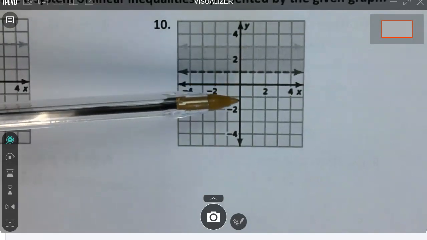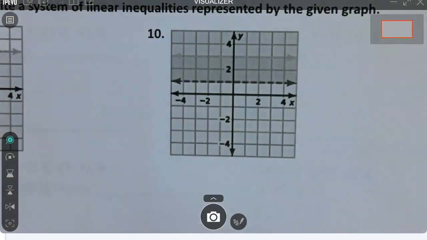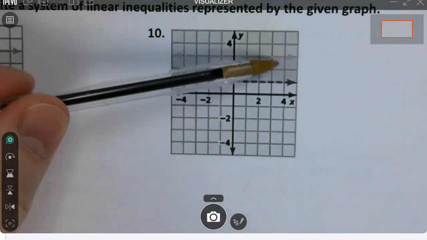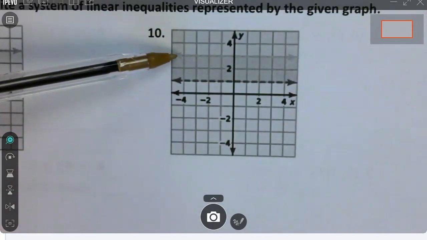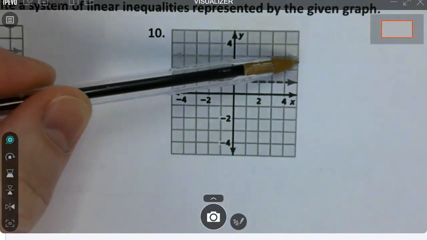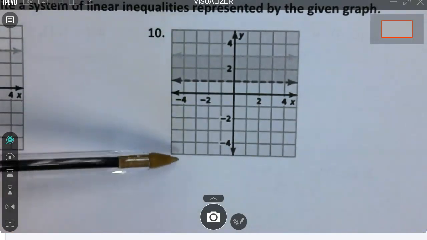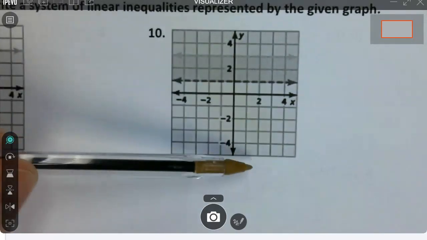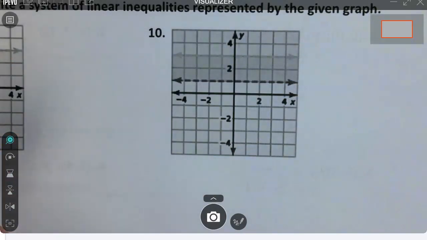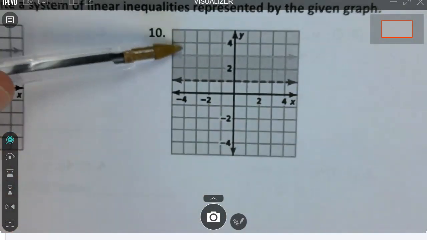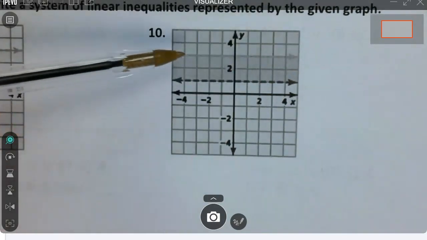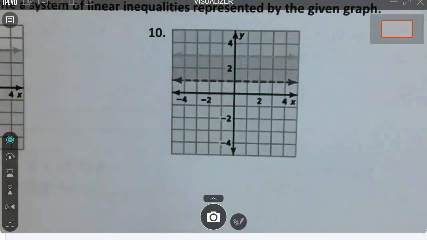That could only happen if we're above one of the lines and below another one of the lines, and then they overlap right here. So you can kind of imagine, okay, if I shaded everything below this line, that would be all of this below. And then if I shaded everything above this line, that's all of this. And then you have this little horizontal section where they overlap.